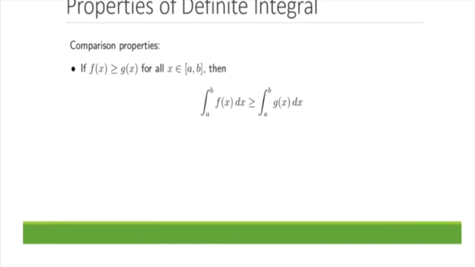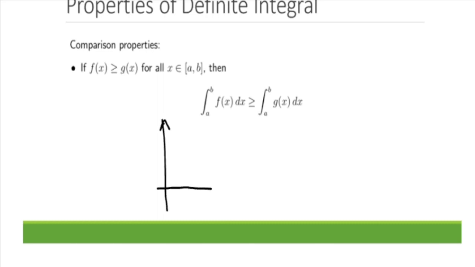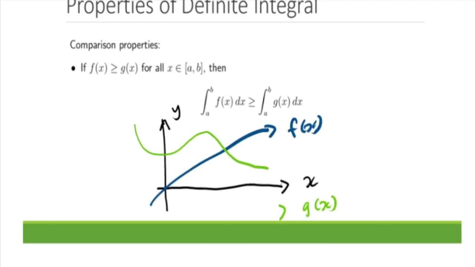The next comparison property is that if you have two functions f and g, wherein f is always greater than or equal to g in that interval, then the area under f will always be greater than or equal to the area under g. So, an illustration: let's say this is f. Yeah, let's say this is g.